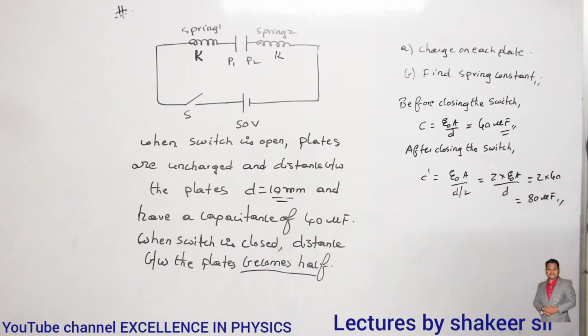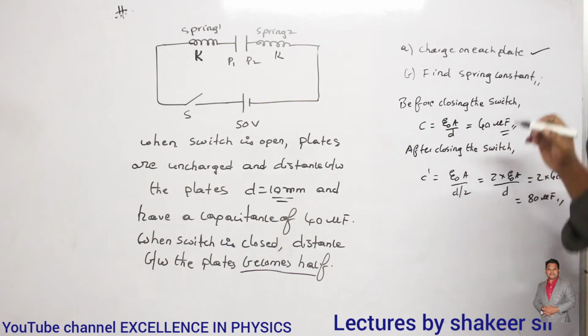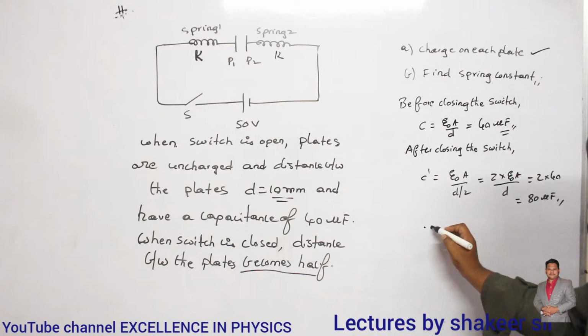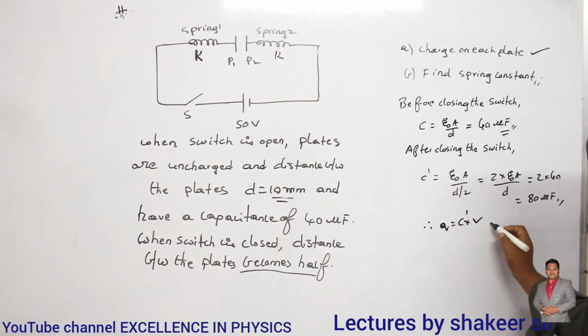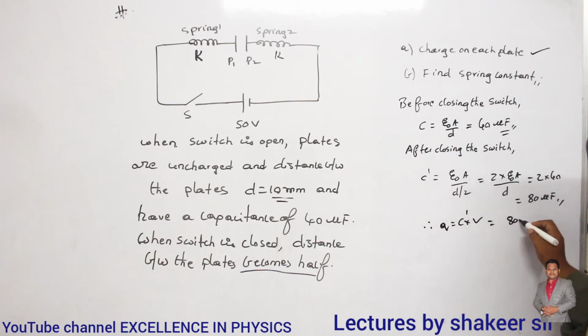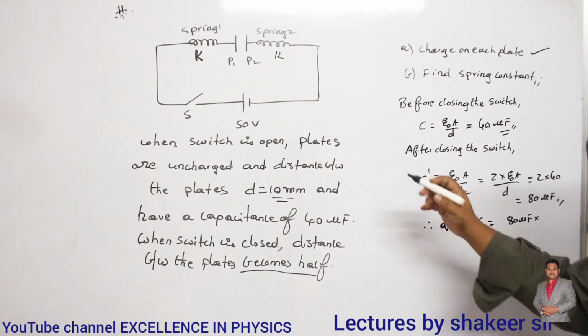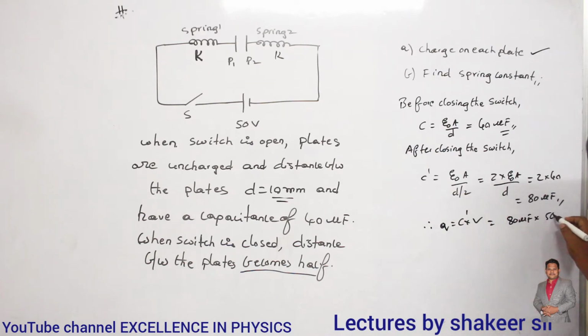Okay. So if the capacitance has doubled, then can't I calculate the charge stored on the plate? Therefore charge Q is equal to C into V. So what is the new capacitance? 80 microfarads multiplied by the potential difference applied, which is 50. Okay ma?